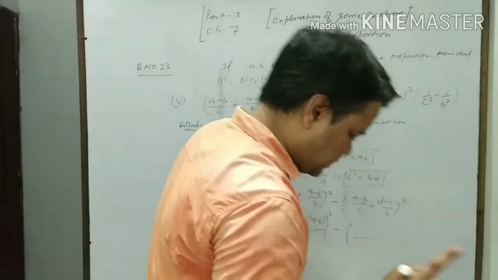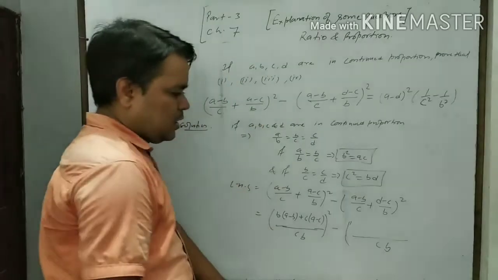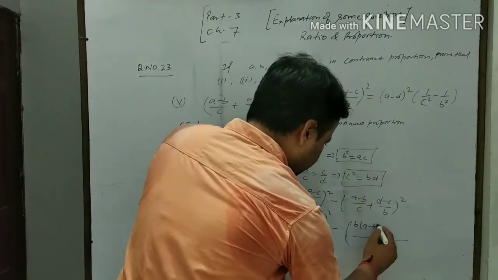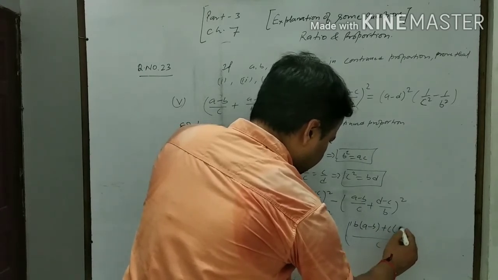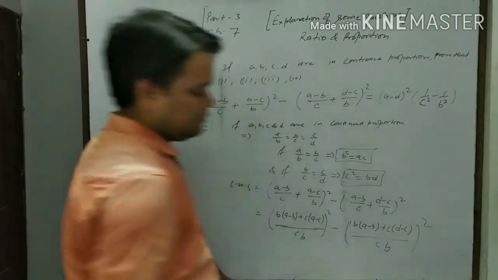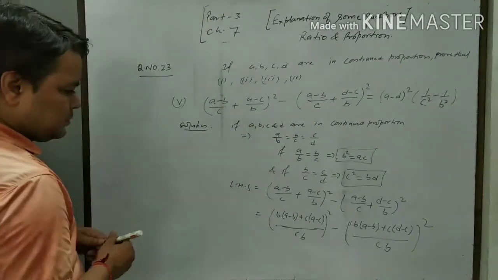Both are cb? Yes, both are cb. So again it will be b into a minus b plus c into d minus c, whole square. Like this way.